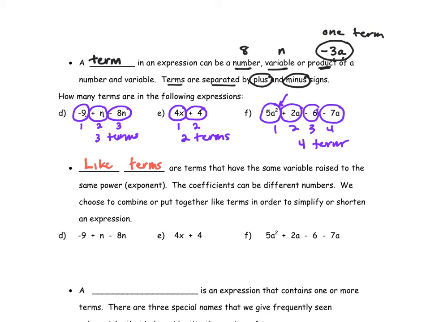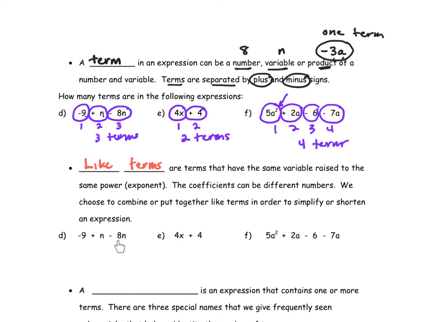So we're going to start with example D. We're looking for something that has the same variable as long as it's raised to the same power. So looking at D, I see -9, I see an n, and I see -8n.